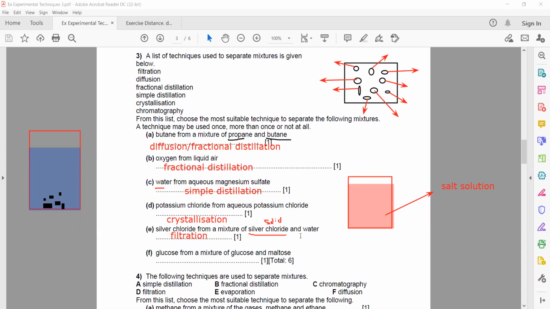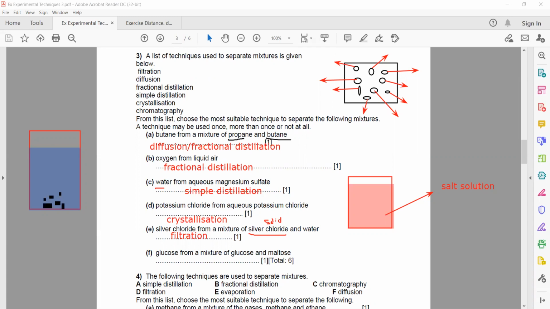And glucose from a mixture of glucose and maltose. So for identifying if it is a dissolved one, you can mention chromatography, or you can mention if it's a solution.